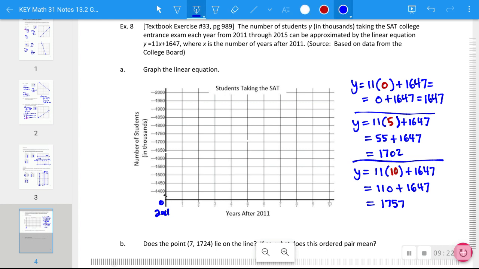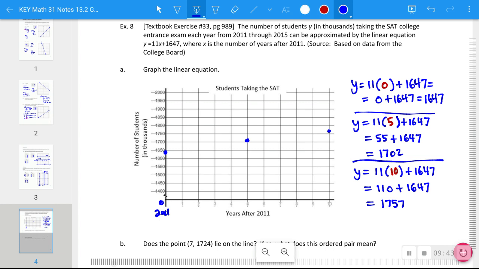When x is 0, the y is 1647. When x is 5, the y is 1702. And when x is 10, we get 1757.